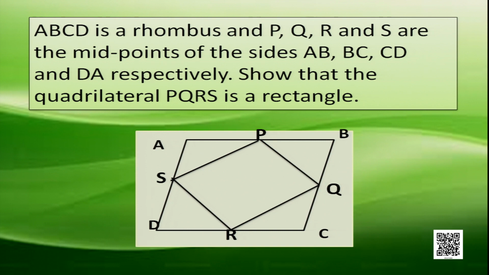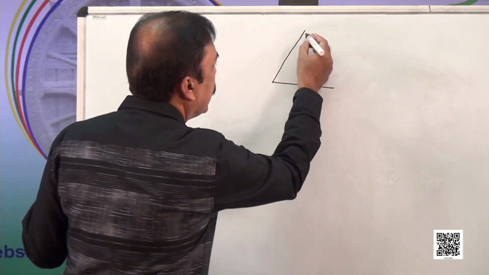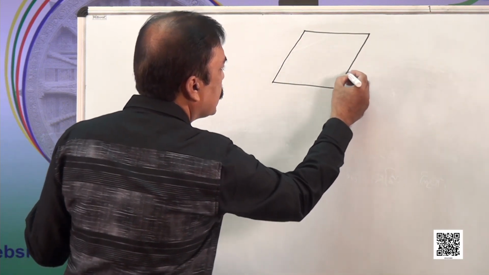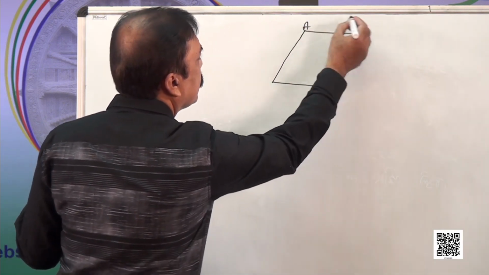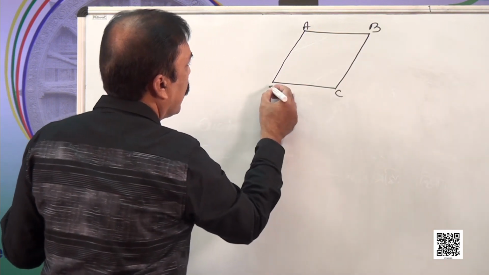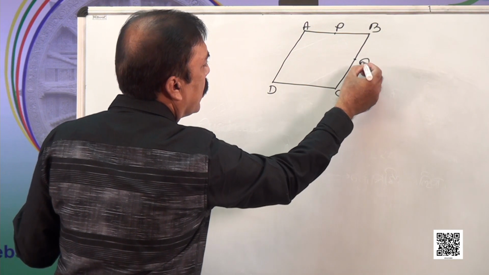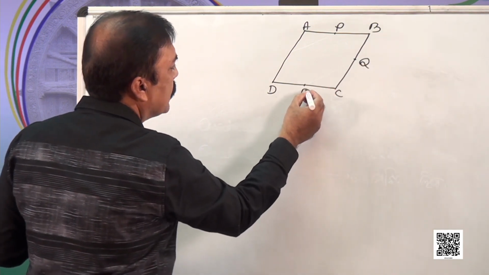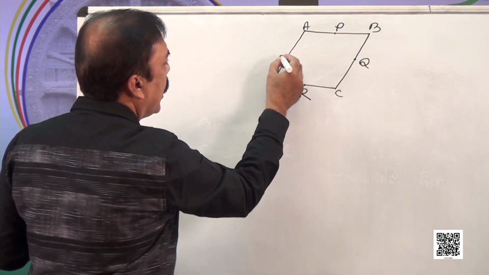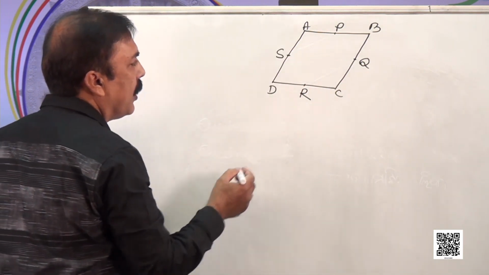it is given that ABCD is a rhombus, P is midpoint of AB, Q is midpoint of BC, R is midpoint of CD and S is midpoint of AD.